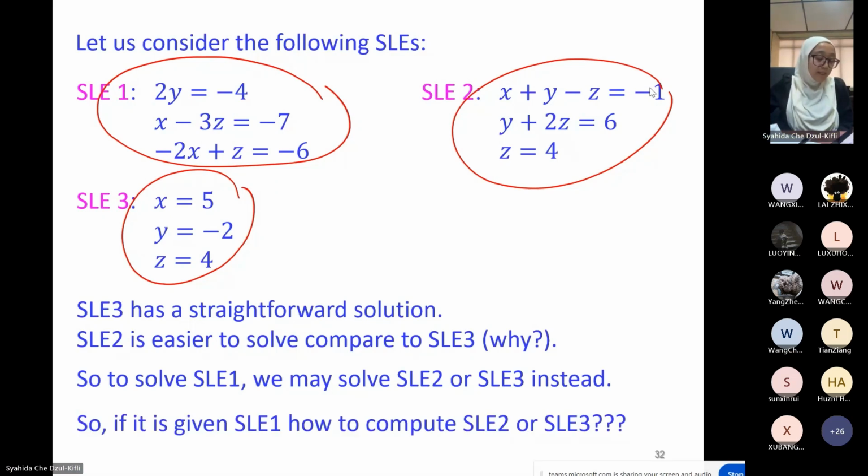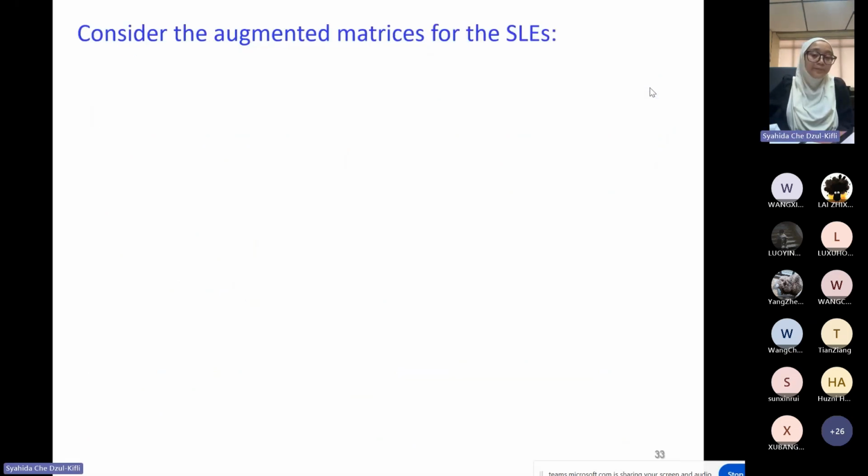So, if we are given systems of linear equation in type 1, how to compute systems of linear equation 2 and 3? That's the question that we have to answer later on.